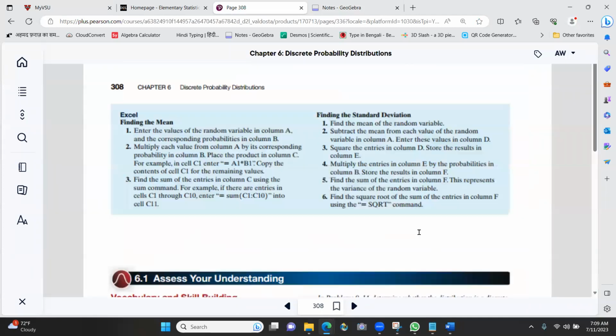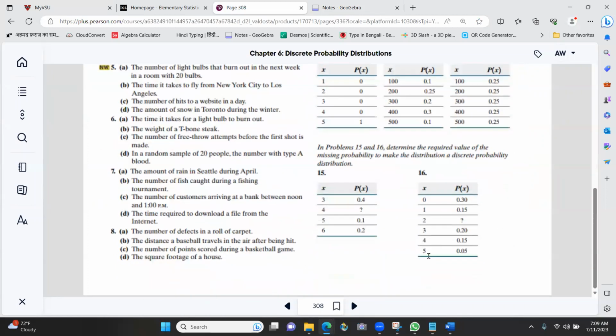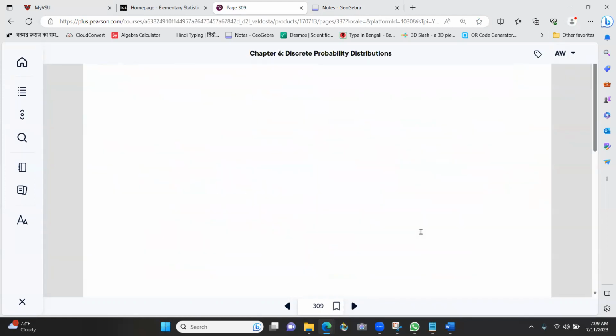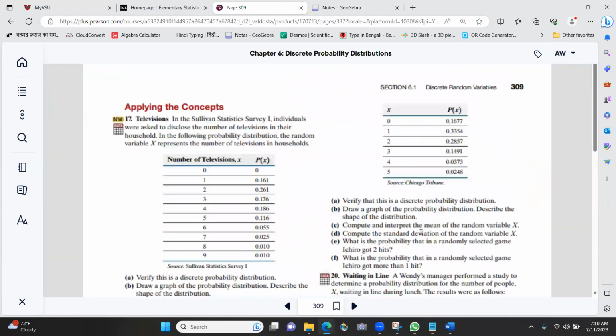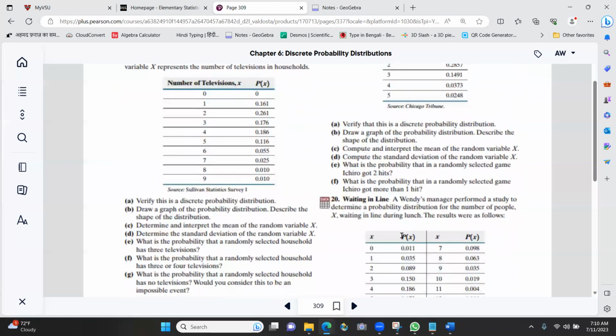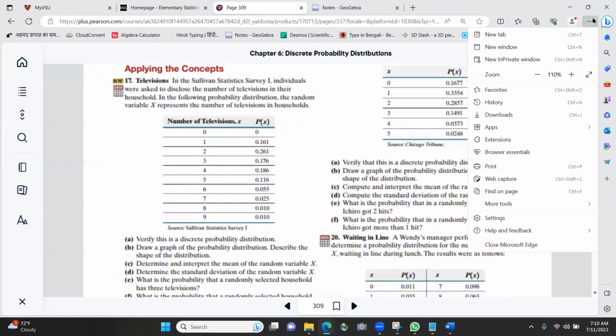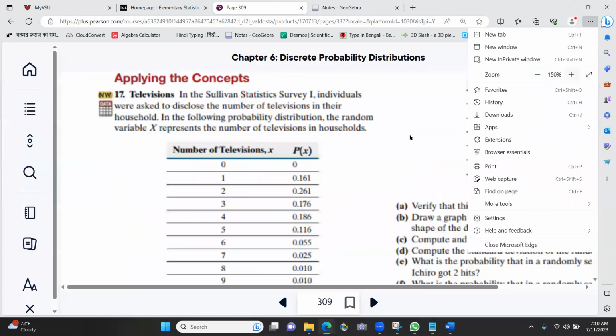Let me grab a problem from your book, in discrete probability distribution. Let's actually, guys, do this problem in detail.